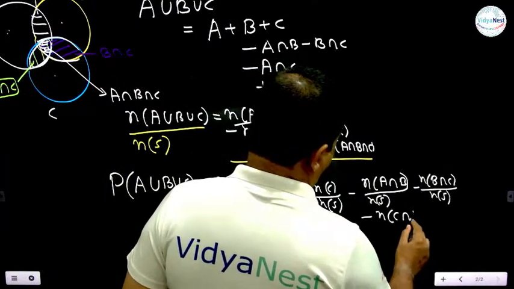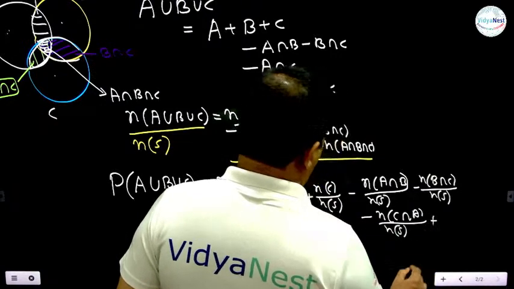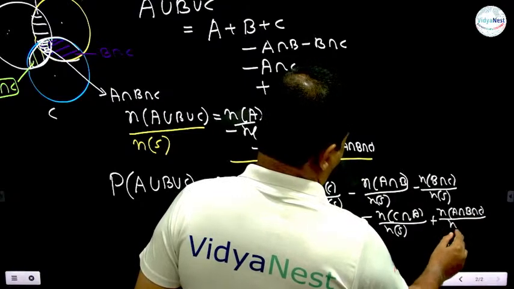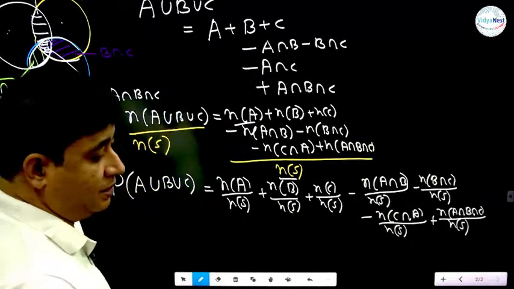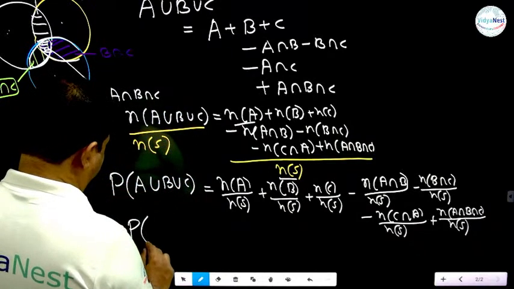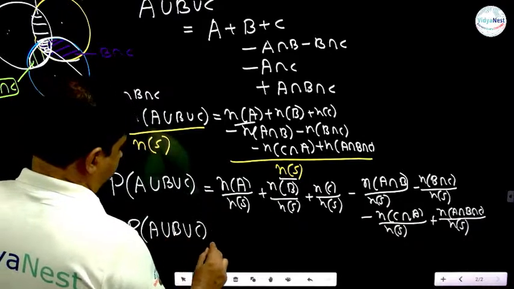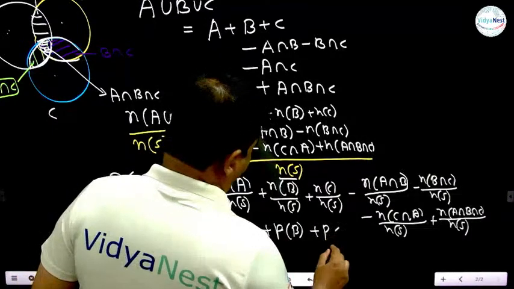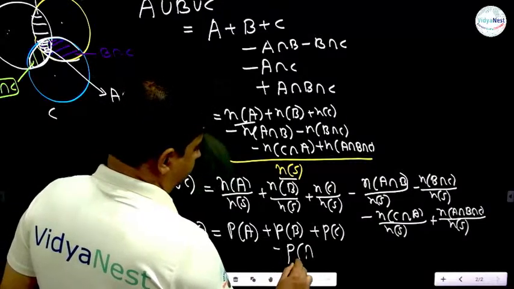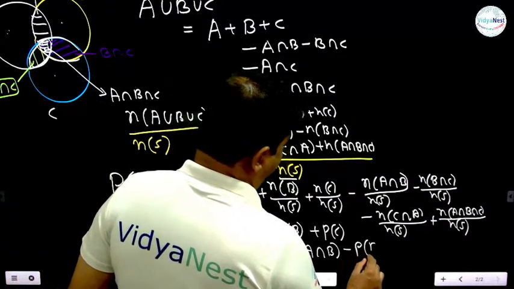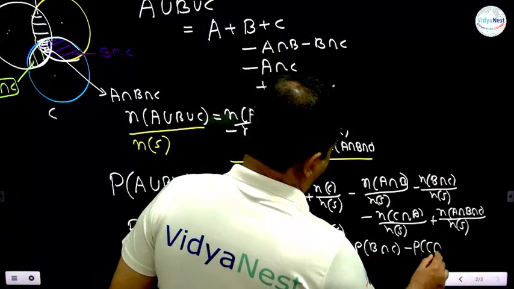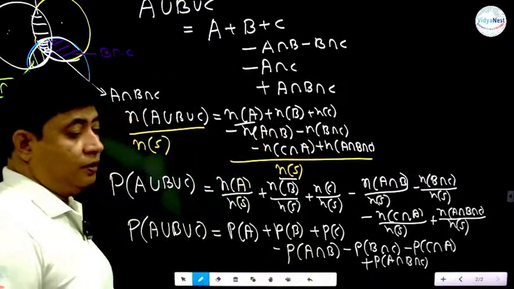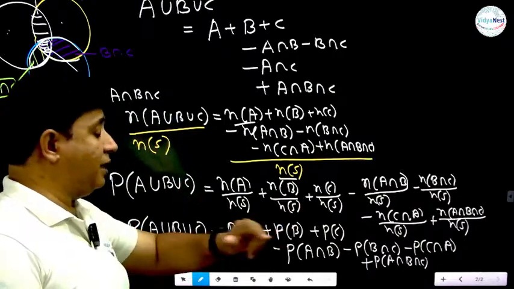NA by NS, PA, PB, PC. Okay, so here 3 sets are involved.